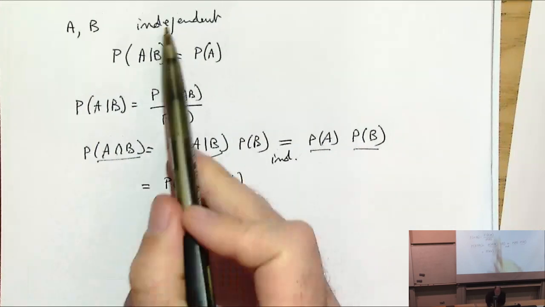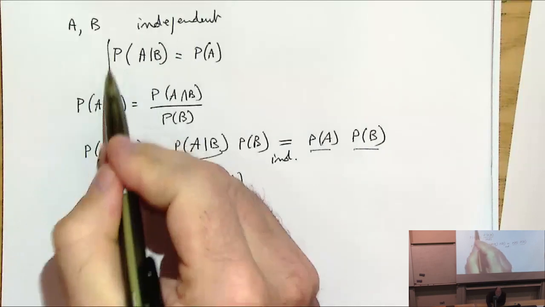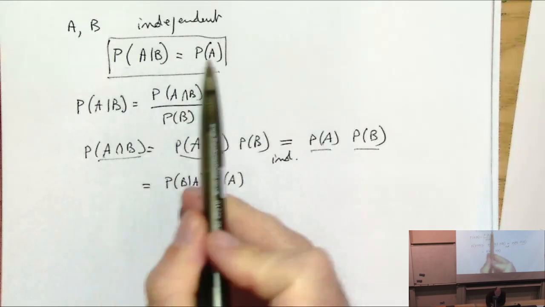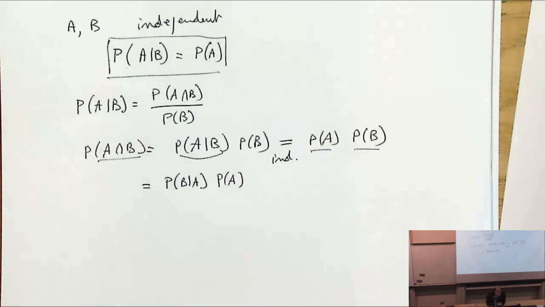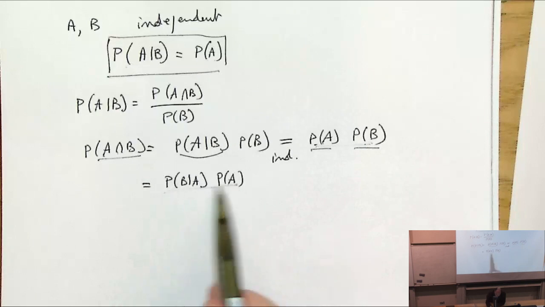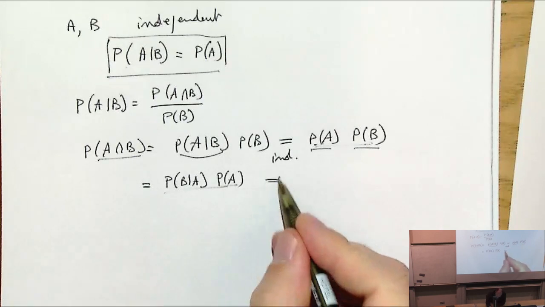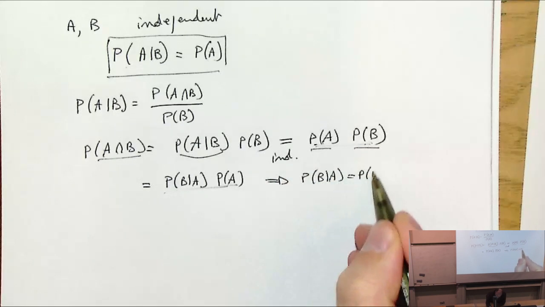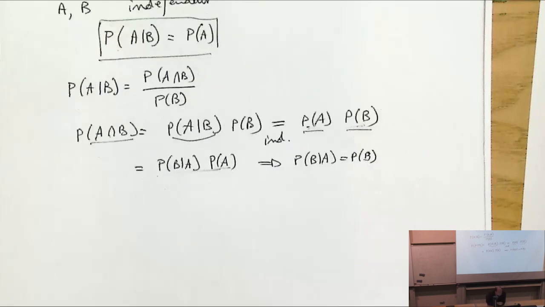So I defined independence here by having this relationship, but you know that if this relationship holds, this one should be equal to this one. So that implies that P of B given A has to be equal to P of B.